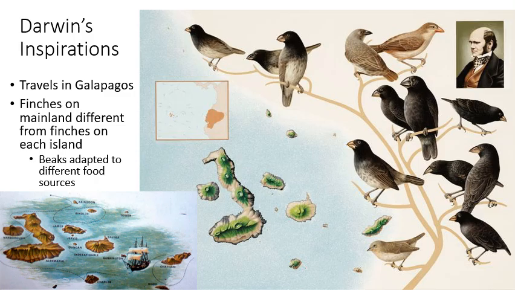So he thought that maybe finches came over from the mainland, from Ecuador, and eventually made it to all the different islands in the Galapagos and found different food sources there when they got there, and over time adapted to be able to eat the different food sources easily.